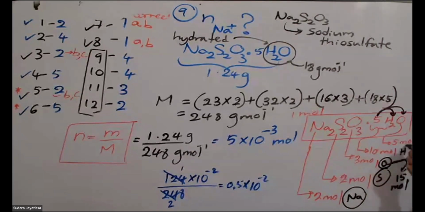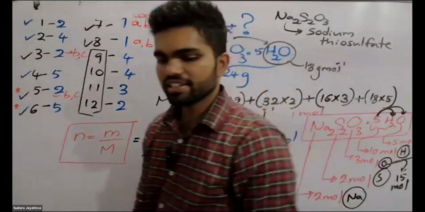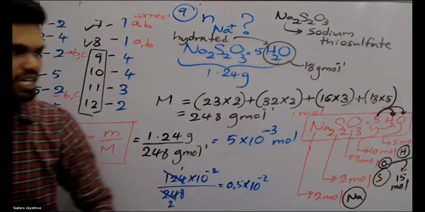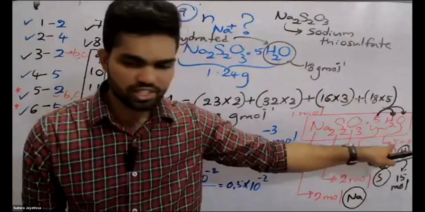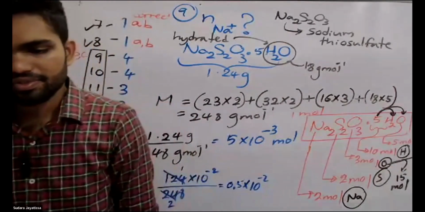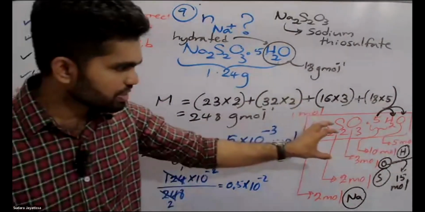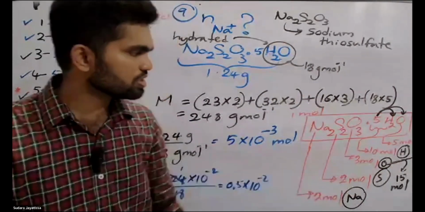And this is hydrogen. Understood? So like that you can explain the number of moles of each element. So if you are having 1 mole of compound, here you will have 2 moles of sodium.